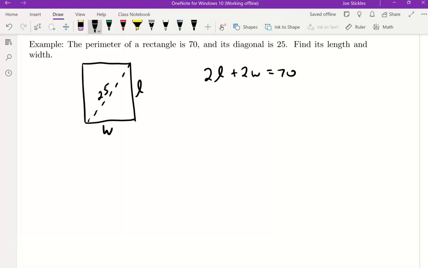The other part tells you that the diagonal is 25. We have a rectangle, so I know that this has to be a right angle here. So what equation might help us, or what famous theorem, even better, might help us get an equation that relates L and W using the diagonal? Yeah, Pythagorean theorem I think will help us out. What's the Pythagorean theorem tell us?